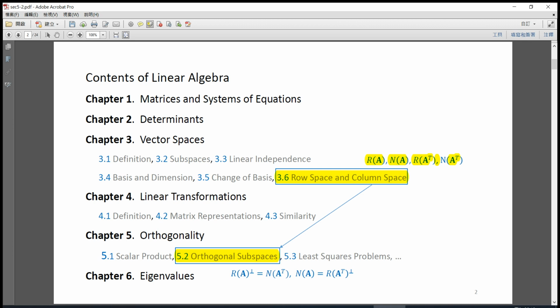In particular, we will prove the null space of A transpose is the orthogonal complement of the column space of A, and the null space of A is the orthogonal complement of the column space of A transpose.